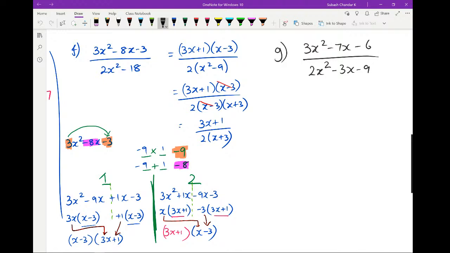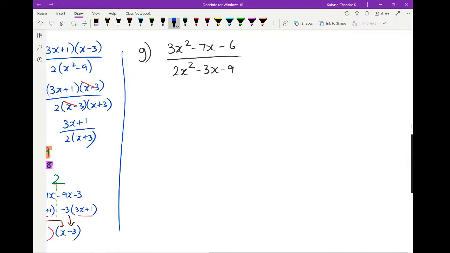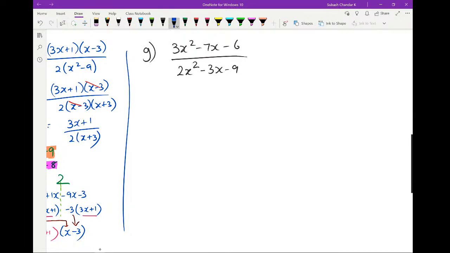All right, so we're going to do this question here. I'm going to start factorizing the top first. 3x squared minus 7x minus 6. Multiplying those two, I get minus 18. I need two numbers that multiply to minus 18 and add to minus 7. Negative 9 and positive 2 add up to negative 7.